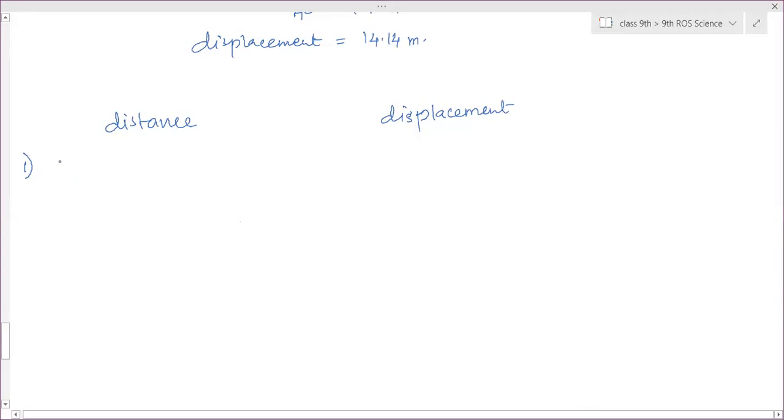Ma'am, now can you hear me? Yes, I can. Okay, ma'am. Total length of the path covered by an object is called distance.